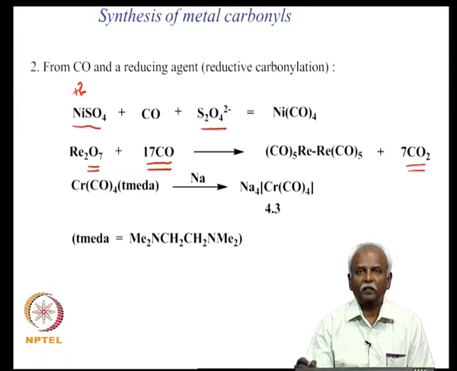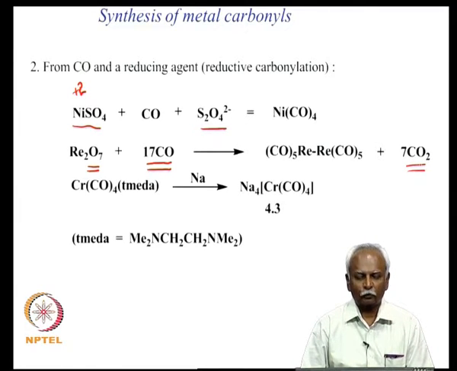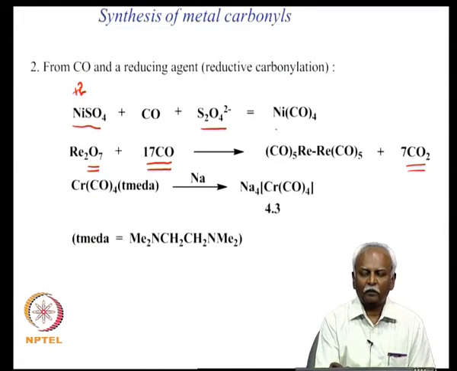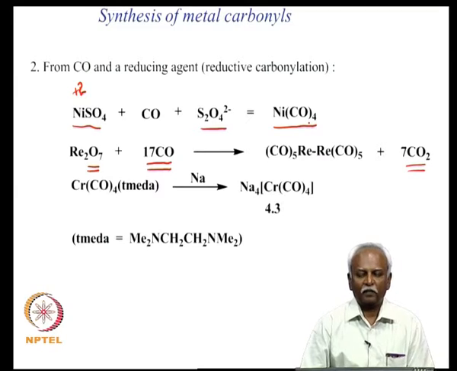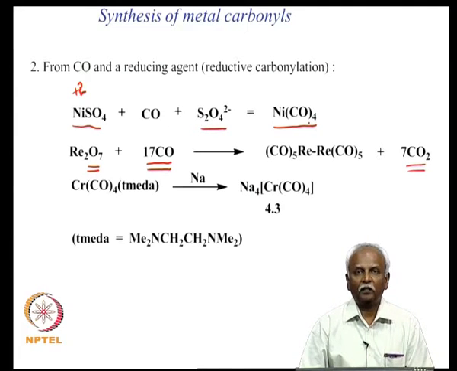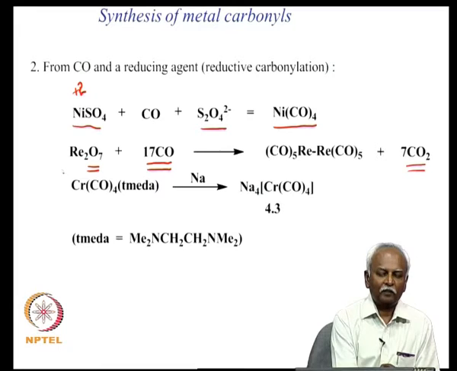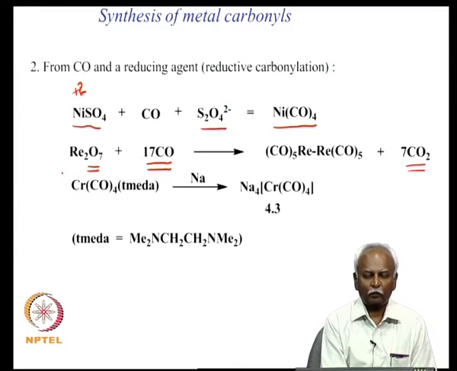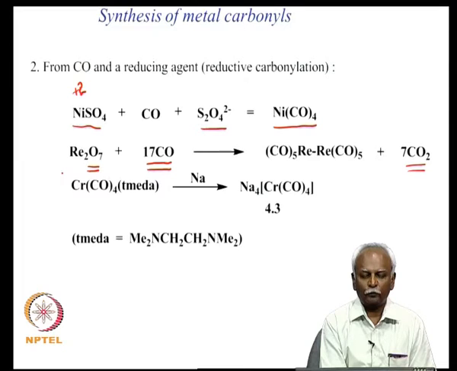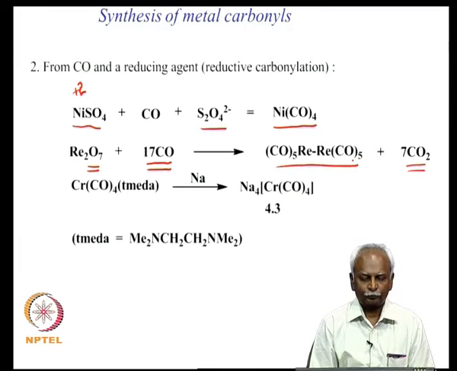So, you can use carbon monoxide as a reducing agent, or you can use an inorganic reducing agent such as S2O4 2-. So, either way you can generate a metal complex fairly readily by taking a slightly oxidized system, a 2+ species in that particular case nickel, or even in the case of rhenium you have a +7 oxidation state, and you can still reduce it using carbon monoxide to generate a metal carbonyl complex.